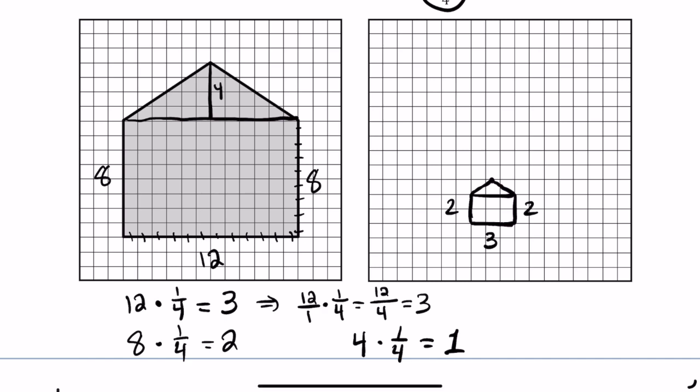Okay, so it should look like that, where that is 1. I added that, so technically that's not necessary, but it is important that that height should be just 1 unit above. Cool. So again, you just take the side lengths, you multiply by the scale factor, and then draw your shape.